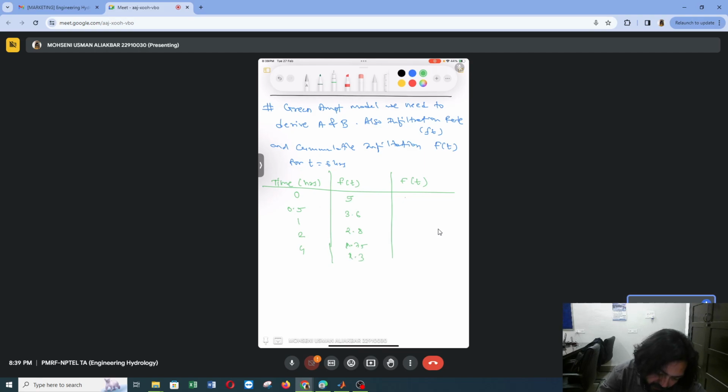We should write the units here: centimeter per hour and centimeter. For cumulative infiltration, the values are 0, 2.2, 3.7, 6, 9.1. So these are the values that they have given.